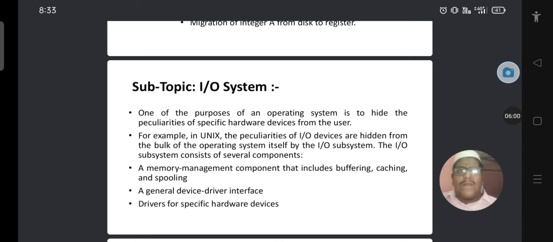Spooling means how the program optimizes memory space and utilizes the hardware registers in the I/O subsystem. A general device driver interface, where interface means user interface. Next, drivers for specific hardware devices.